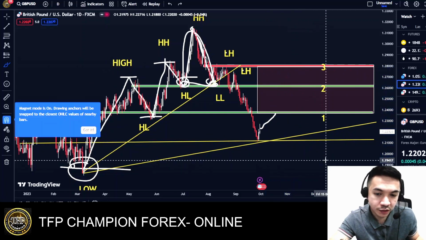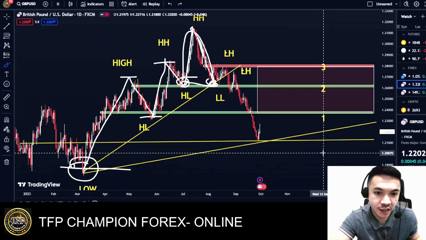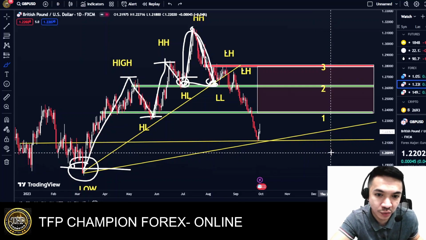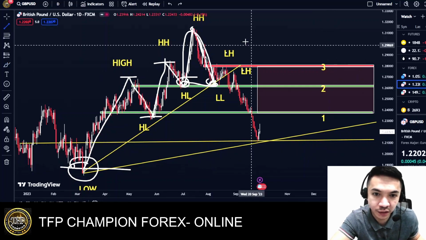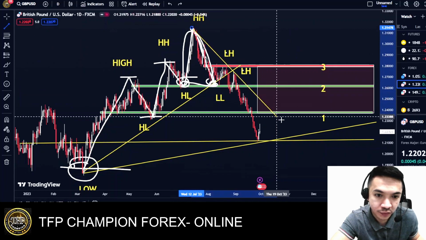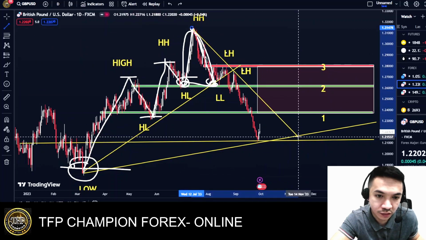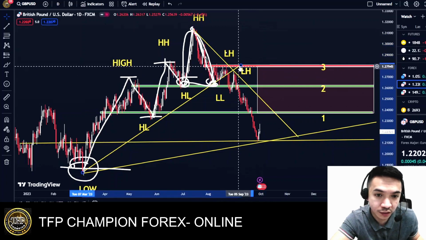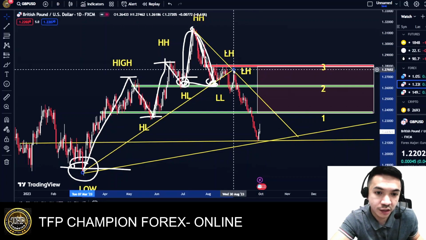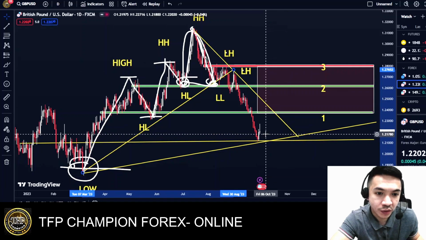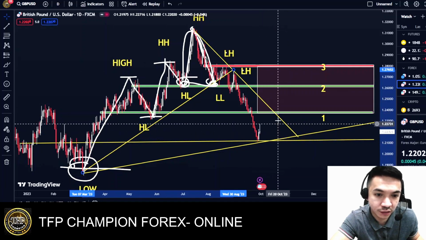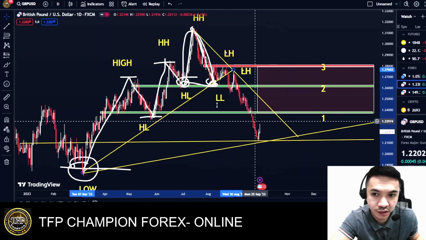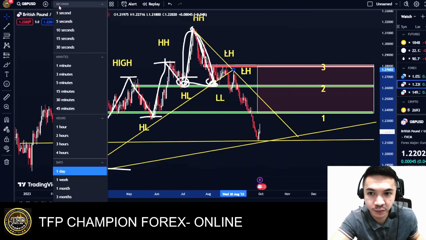Pero ngayon, based sa ating analysis, what we can do is make another trend line here. Kasi meron niyang significance later on sa market. Ibig sabihin, we are confined dito sa level na to. So, bumaba tayo ng lower time frame, then we analyze from there.